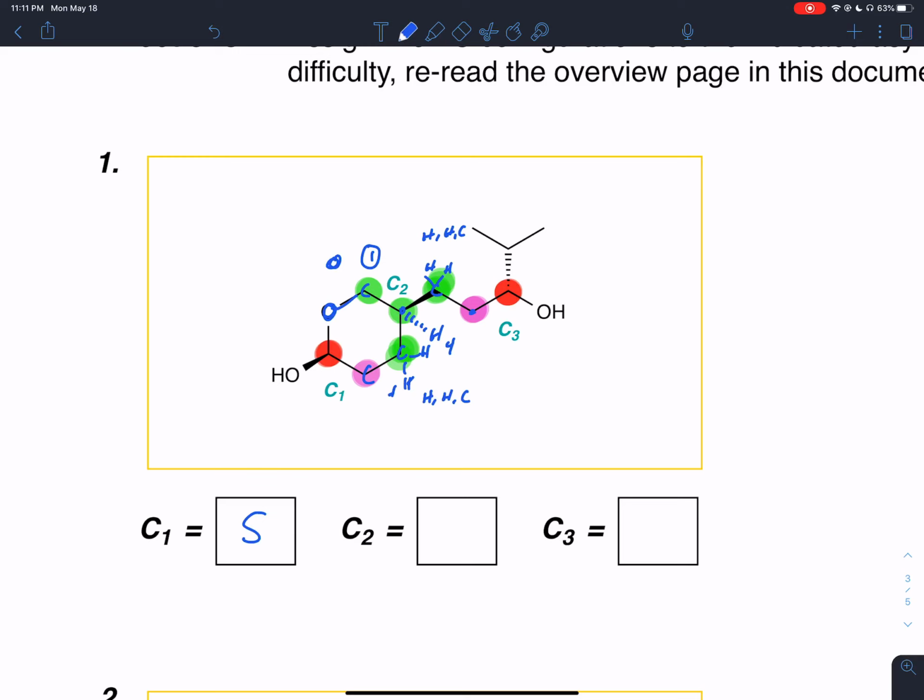And notice how this left side, that carbon is bonded to hydrogen, oxygen, and oxygen, 2 oxygens. And what that's going to do is now beat this other carbon, which is bonded to H, carbon, and oxygen. Oxygen and oxygen tie in atomic number, but now because there's 2 oxygens, this side will win.